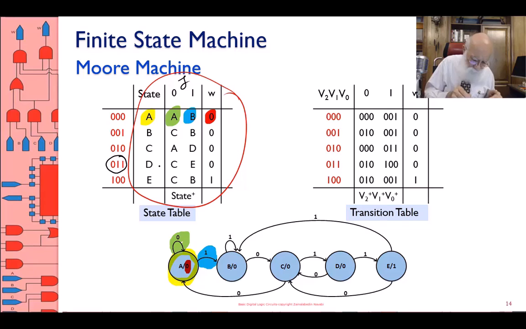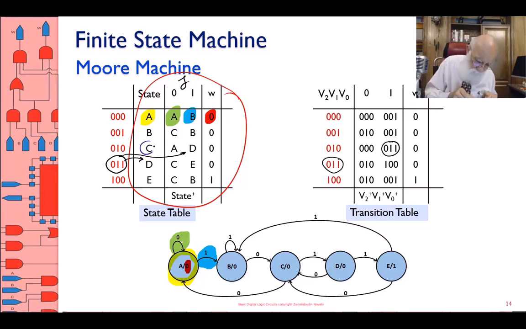And therefore, this D is replaced by 0, 1, 1. This D is replaced by 0, 1, 1. Do I have any more Ds? No. So this is your D, and then 0, 1, 1.